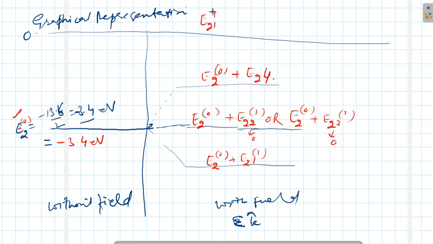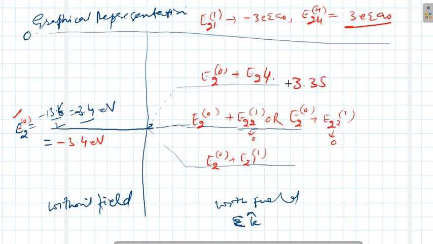E21 which we have calculated is equal to minus 3E epsilon A naught, and the value of E24 is equal to 3E epsilon A naught, and the value of these two will be equal to 0. Or in other words, in terms of numbers, its value will be 3E epsilon A naught, and its value will be minus 3E epsilon A naught.